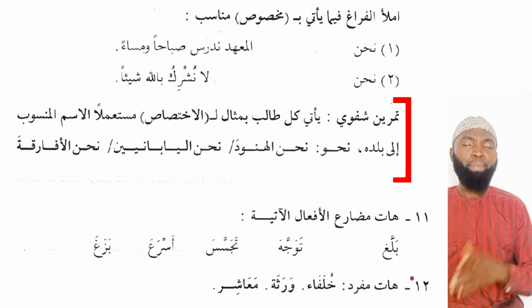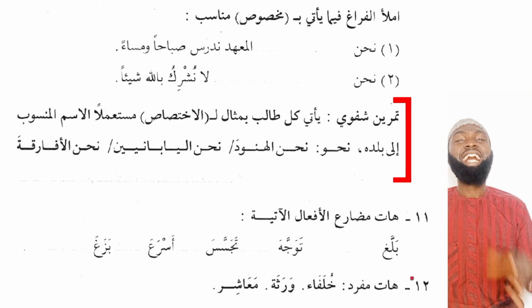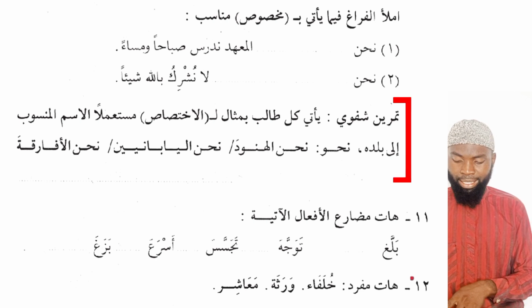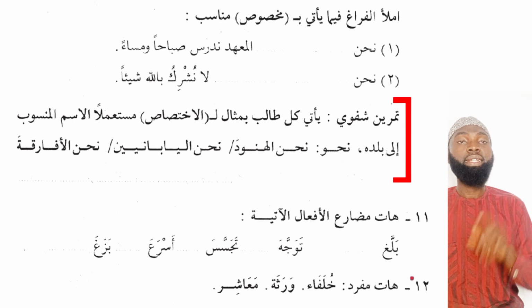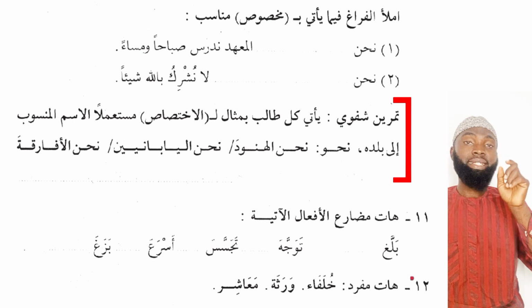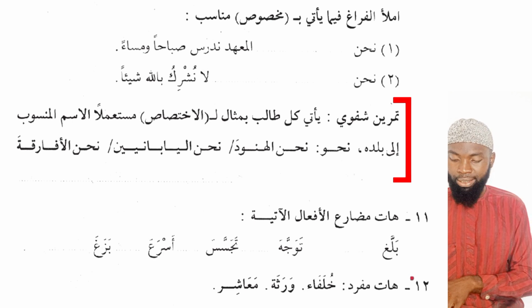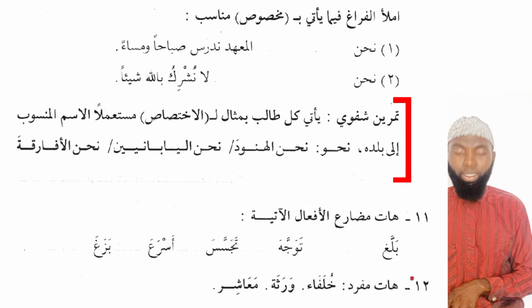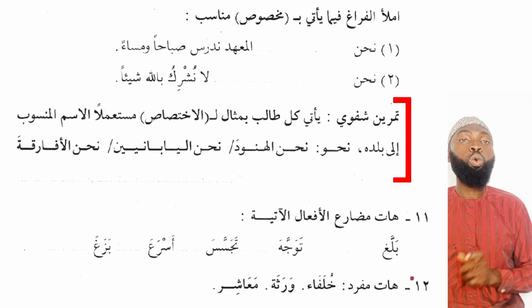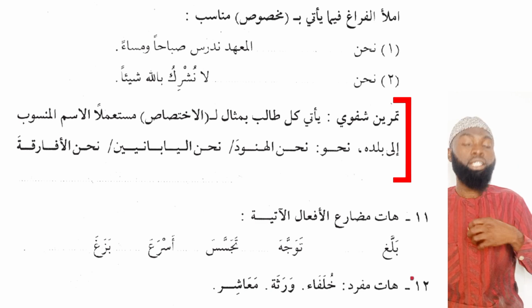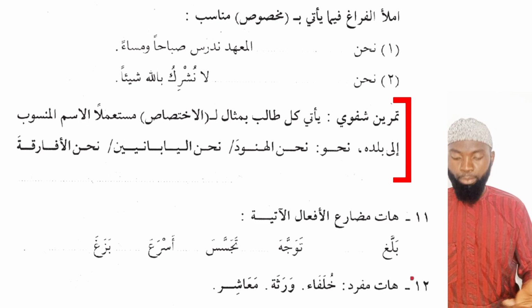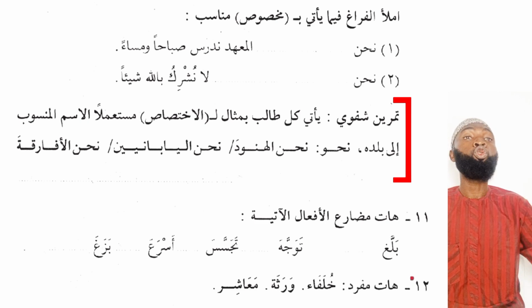Here we have Tamrinu Shafawi, which is an oral exercise. Every student will come with an example for al-ikhtisas using a noun related to his country. He will be using a word that is related to his country. For example, he can say Nahnul Hunud, we the Indians.